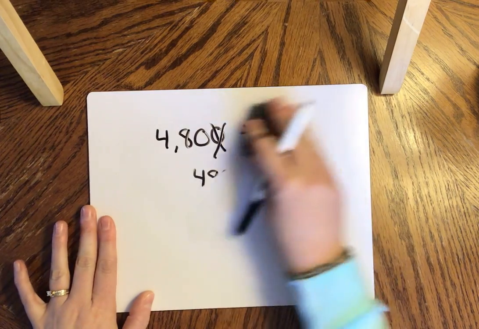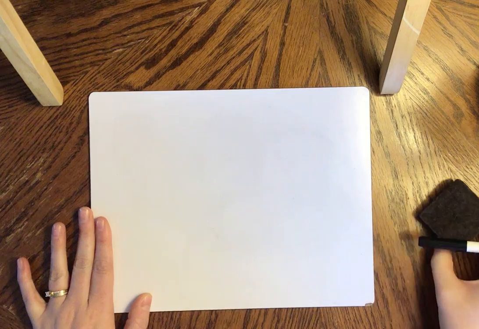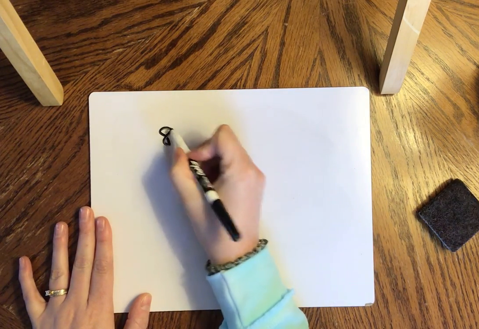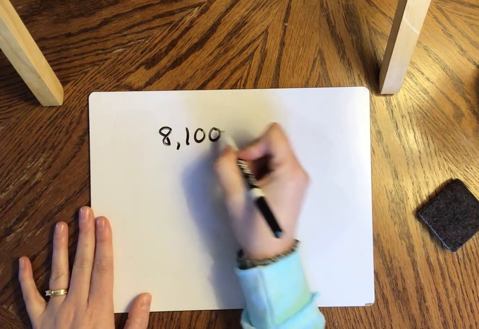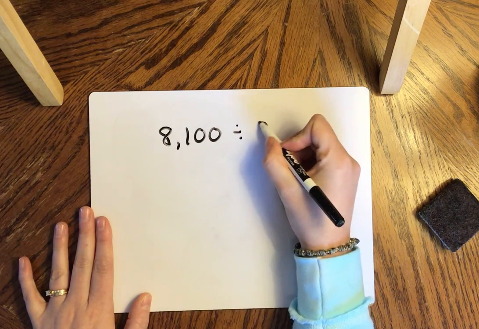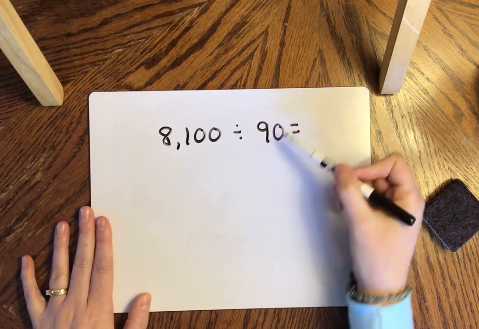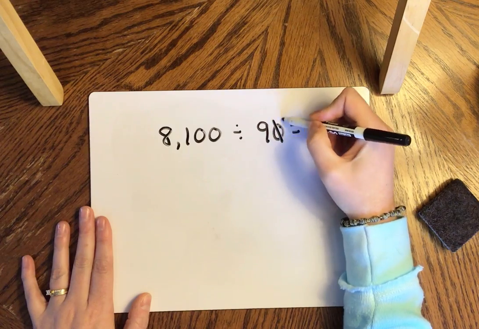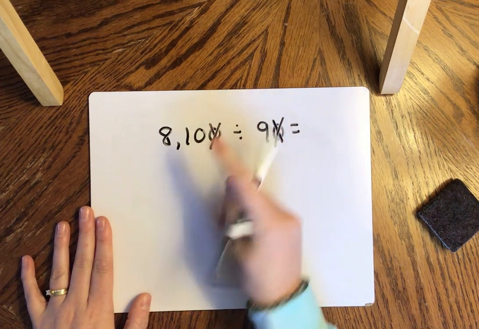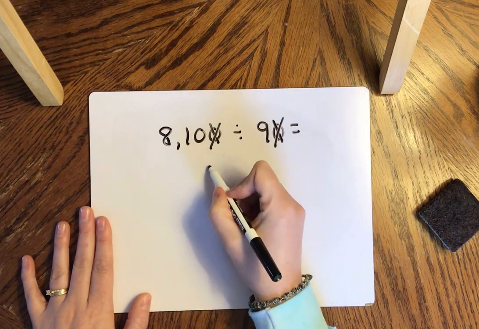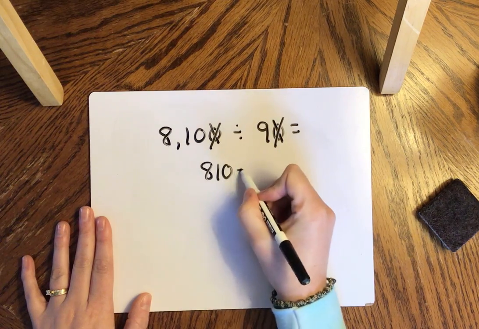Let's try another one that's tricky like that. 8,100 divided by 90. The divisor has 1 zero, so we're going to cross off 1 zero in the dividend. Rewrite the problem that you have.